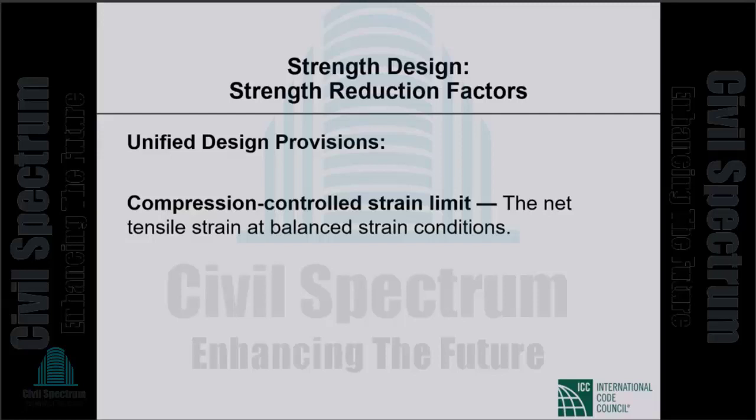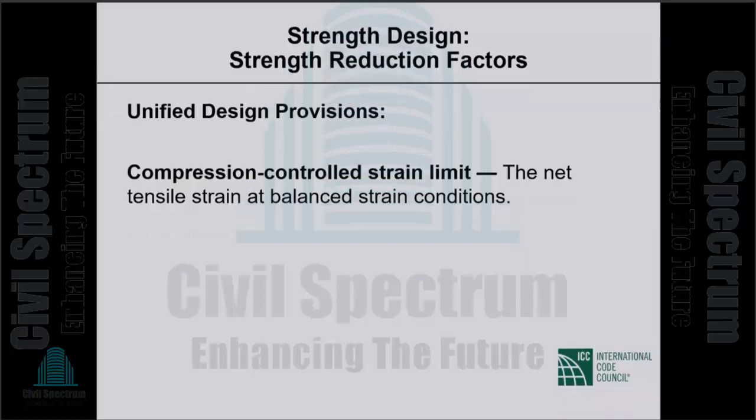So the compression control strain limit is basically the yield strain of the reinforcement. Okay? Compression control strain limit is the net tensile strain at balanced strain conditions. Balanced strain conditions mean the extreme tension steel yields at the same instant that the extreme compression fiber reaches a strain of 0.003.